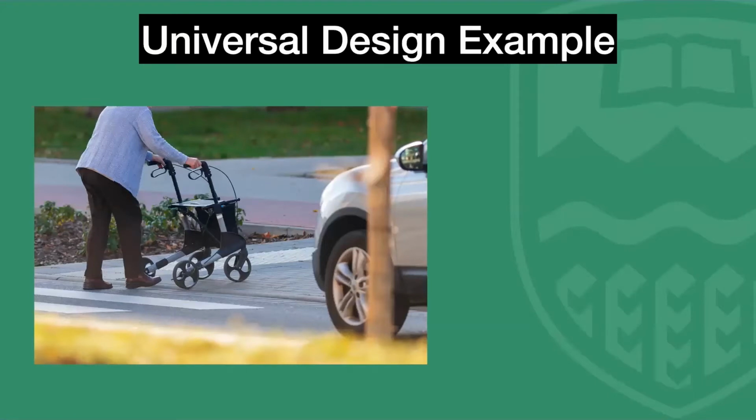So the classic example of universal design is the curb cut. If you don't know, it's when the curb tapers down to become level with the street. And these didn't really exist before the Second World War.